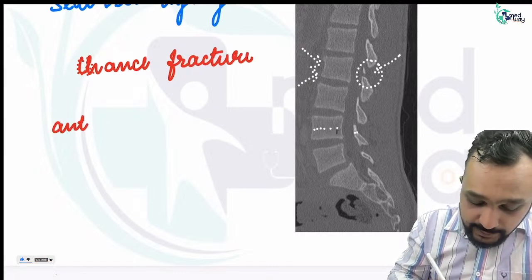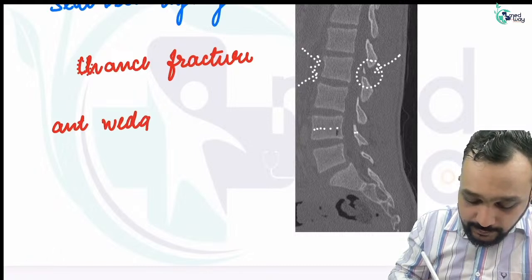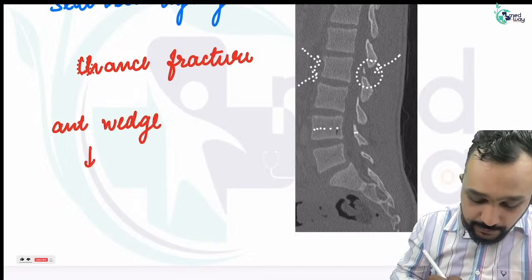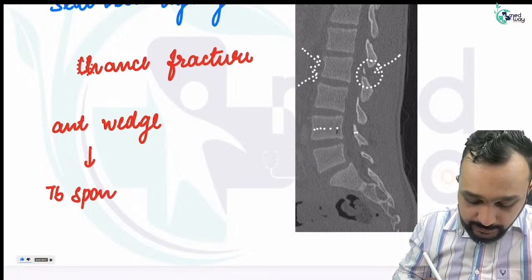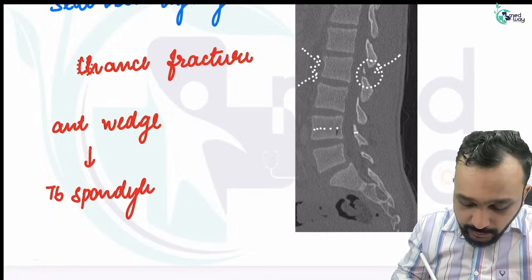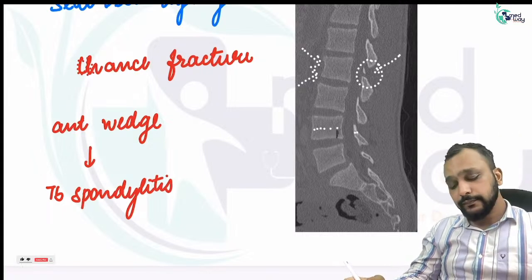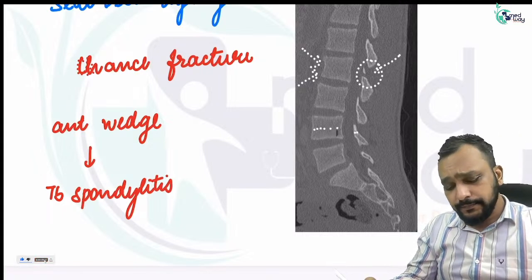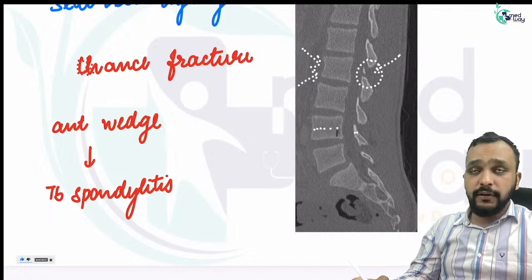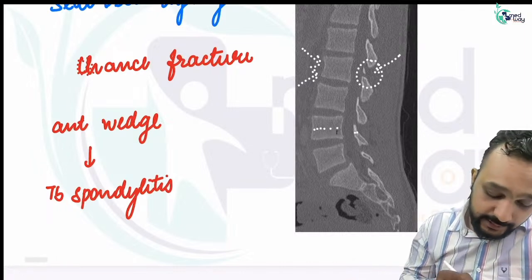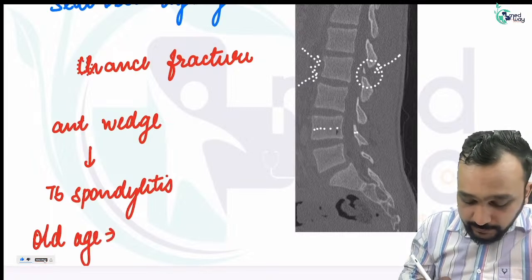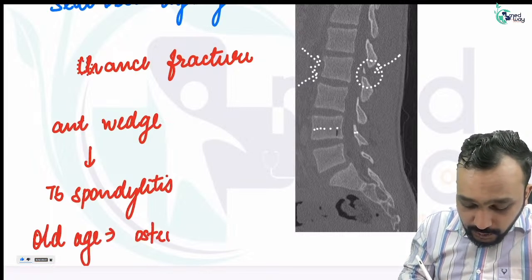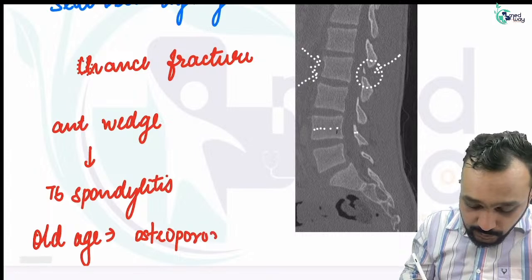Just an anterior wedge collapse is seen in patients with tubercular spondylitis. Okay, you will not have any history of any infective condition, right? In old age patients, again with history of osteoporosis, mostly females.